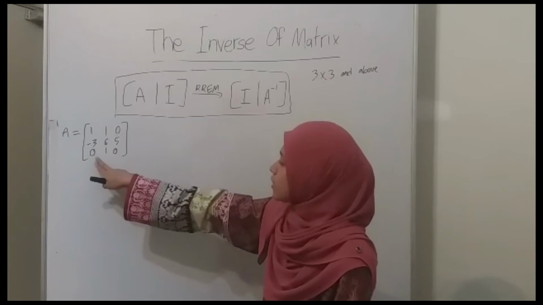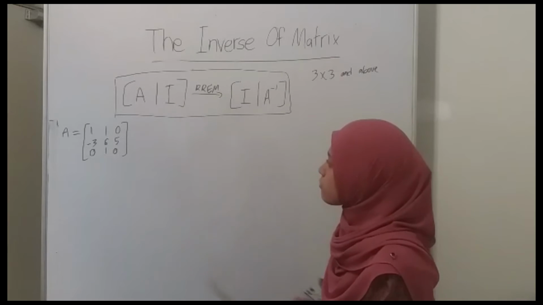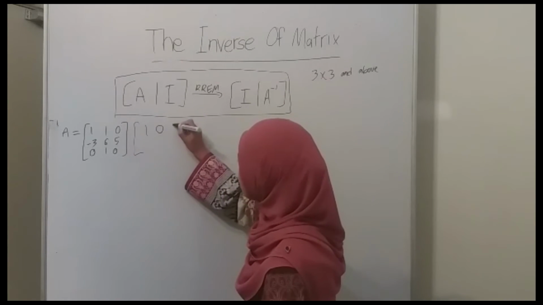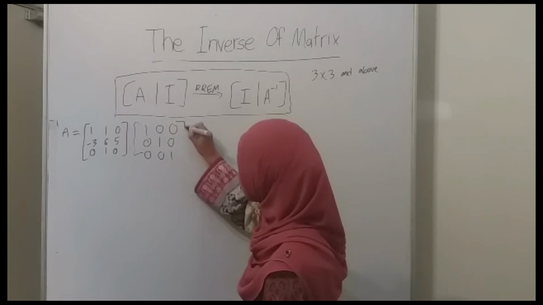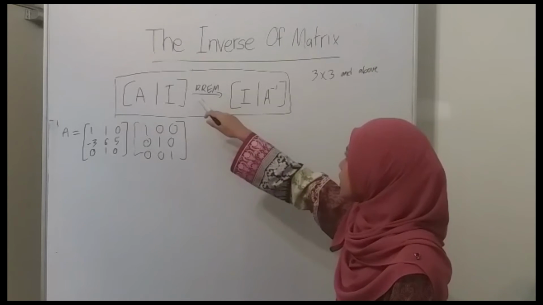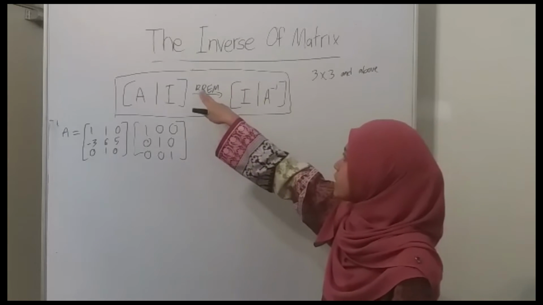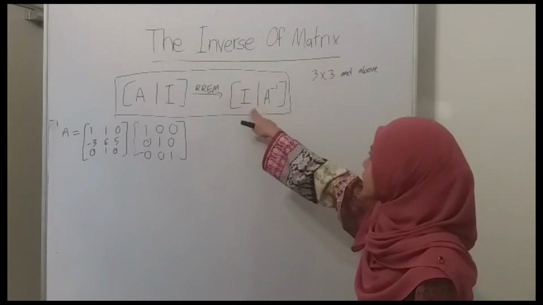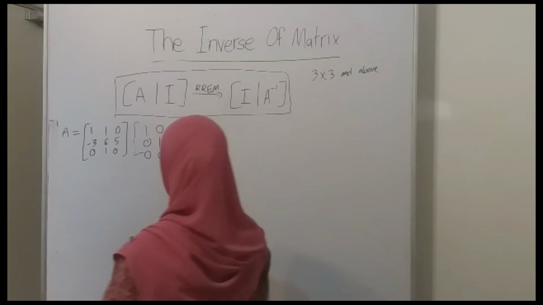Matrix A is 3 by 3. So the identity will be 1, 0, 0, 0, 1, 0, 0, 0, 1. So, and then we are going to use the Gauss-Jordan elimination method, where we reduce to row echelon form to get the inverse of A. So let's go.